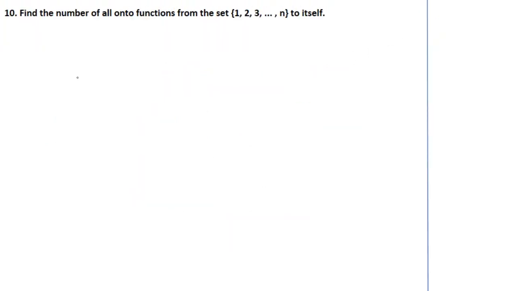So we are given to find the number of all onto functions from the set 1, 2, 3 up to n to itself. Now all onto functions from this set 1, 2, 3, 4 up to n, the set of natural numbers, to itself. Now what here we will apply is just pure permutation and combination, if you have learned in class 11.